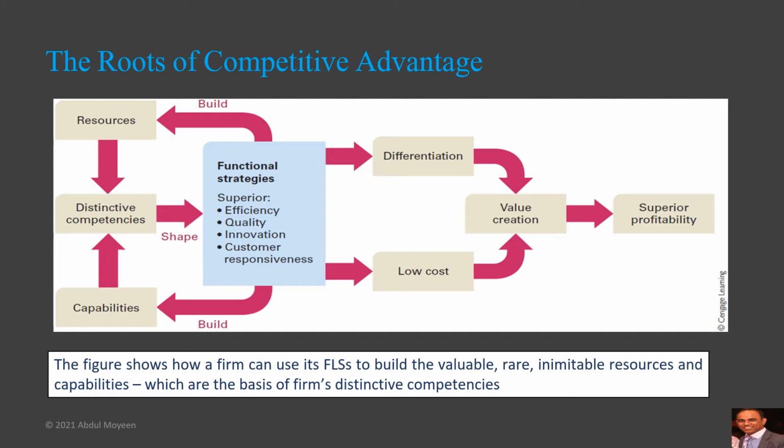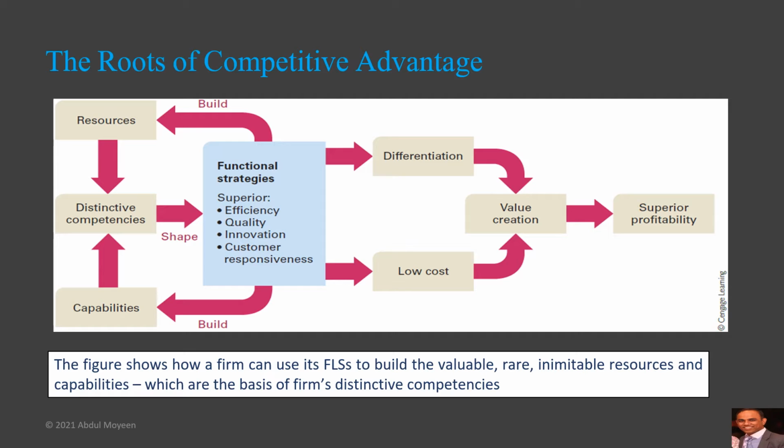We take the case of Apple to explain this a little bit more. We already established that Apple has distinctive competencies in design. Because of these distinctive competencies, Apple is able to offer differentiated products that create more benefits, more value, and more utility for its customers.